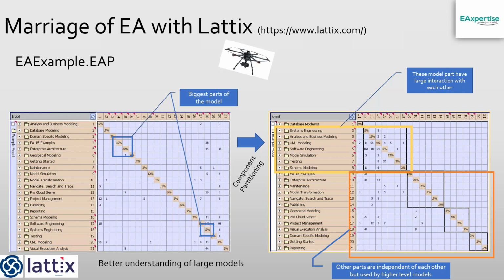So the EA examples and enterprise architecture make up 30% of the dependencies between the rest. There's the size of the dependencies. So those parts of the model contain the most elements and dependencies. So just by using the component partitioning algorithm, Lattix finds out that there are 1, 2, 3, 4 components.